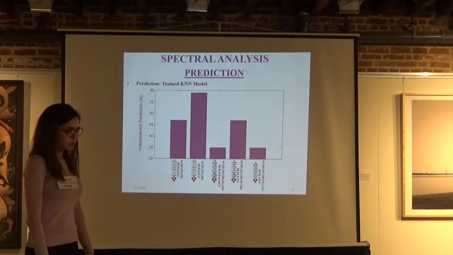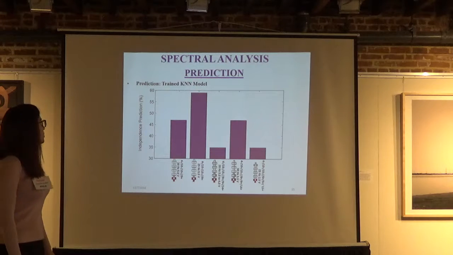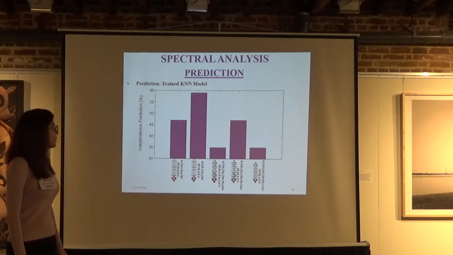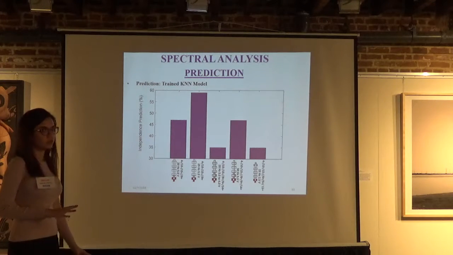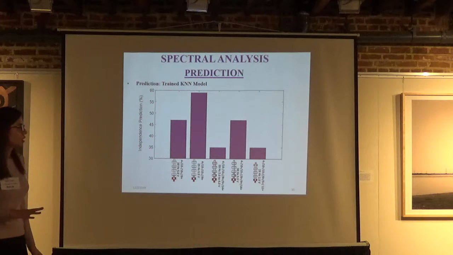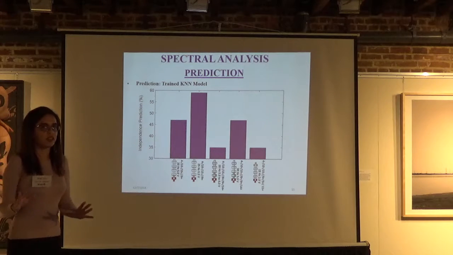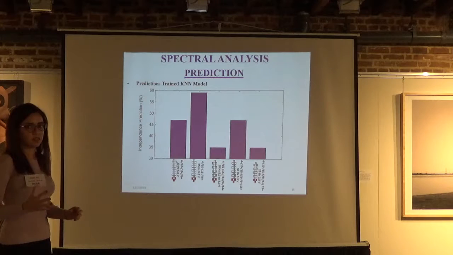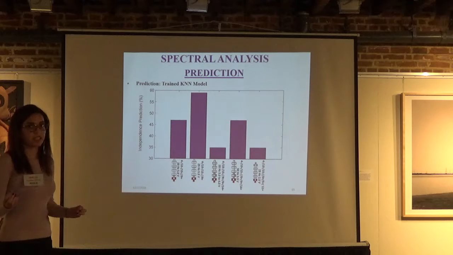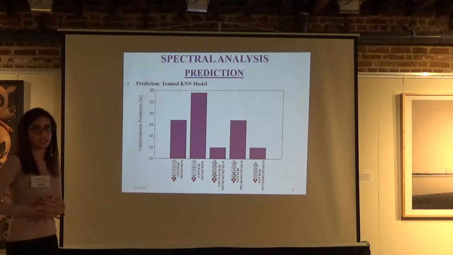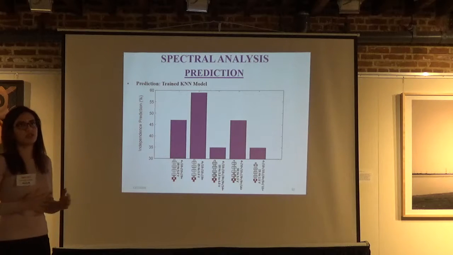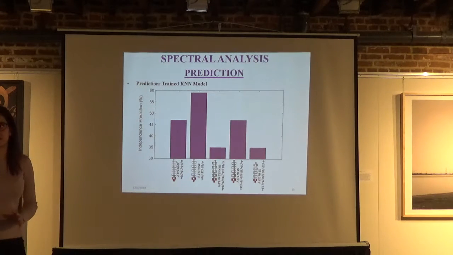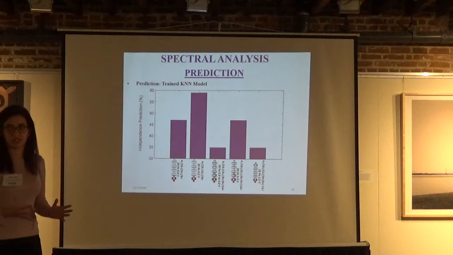The last part is the prediction. We trained a model with all the data that we had, and then we tested the model with some of the data that has been assigned as all assisted, but we want to know if there are different levels of assistance within the EMG signals.